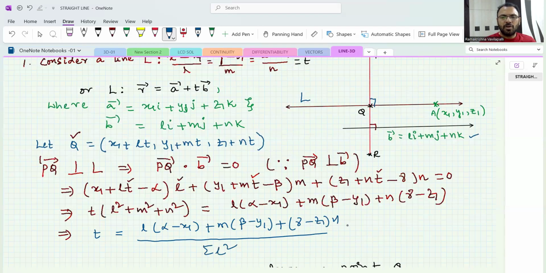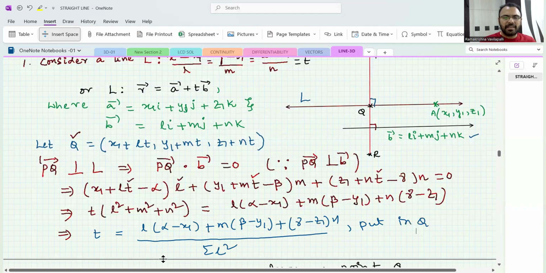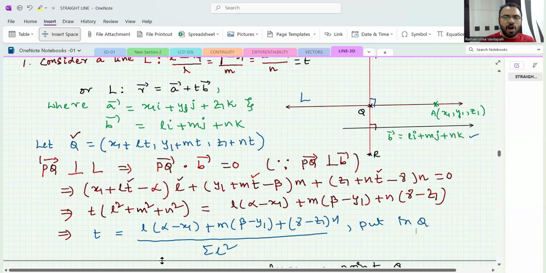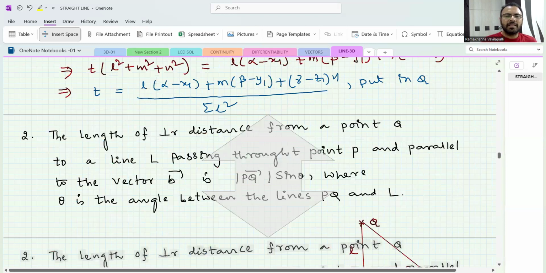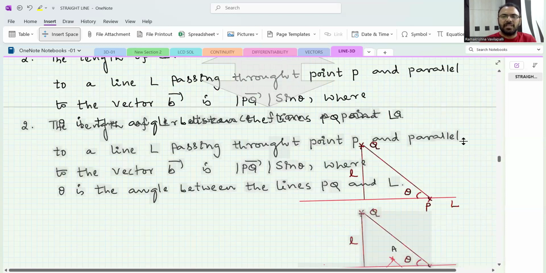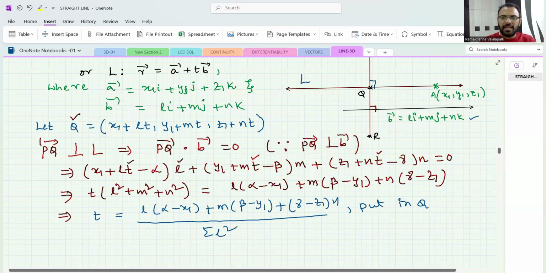Put this in Q, and we get the foot of perpendicular. So once we get the foot of perpendicular, we have almost got all three required things. What are these three? One, the foot of perpendicular.